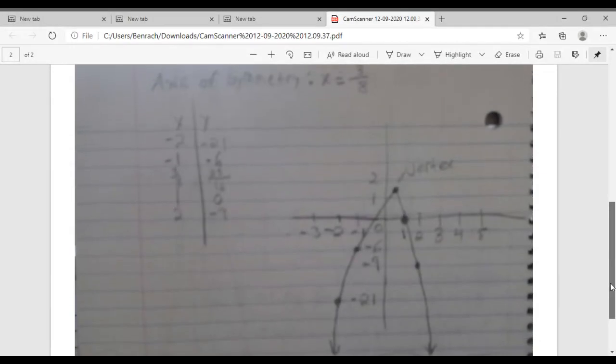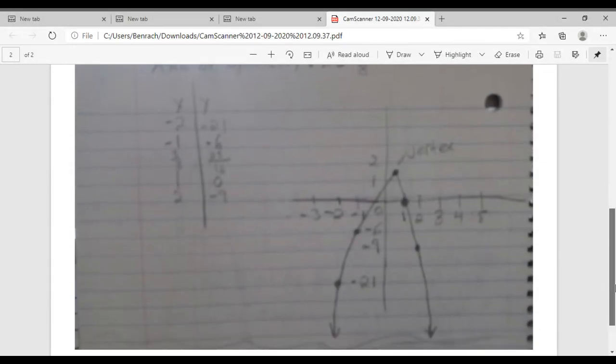So can you scroll down here? Once we have the graph, it's good to mark those important points. Usually we put the points on the side of the vertex. Also, we put the y-intercept. The y-intercept is an important point also. So vertex, y-intercept, and the x-intercepts.